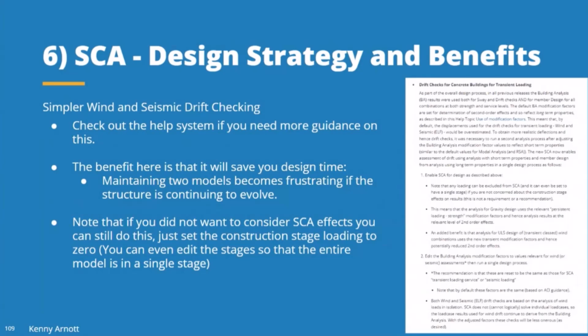As I've shown in other webinars, the stage construction analysis then effectively becomes a long-winded way of doing a first-order linear analysis, but you do get the benefit of having different stiffness modifiers applied to the different combinations in the different design stage categories. If you were to go down that road, you could even edit the stages so that the entire model is in a single stage. So it just comes into existence with no load on it, and then the load's applied.